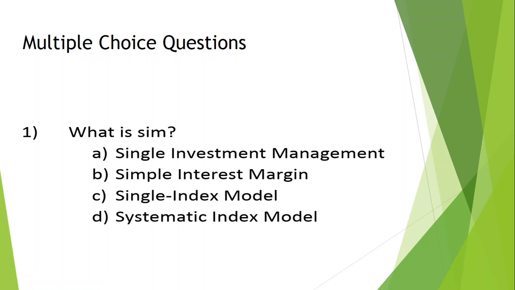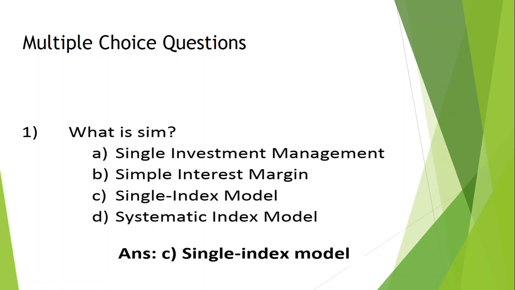Option B, simple interest margin. Option C, single index model. Option D, systematic index model. What could be the answer? Can anybody guess? The answer is option C, single index model. So the actual meaning of SIM is single index model.